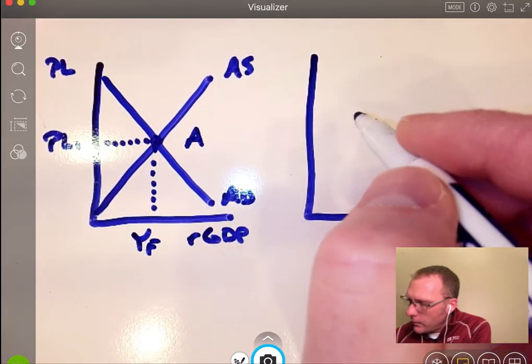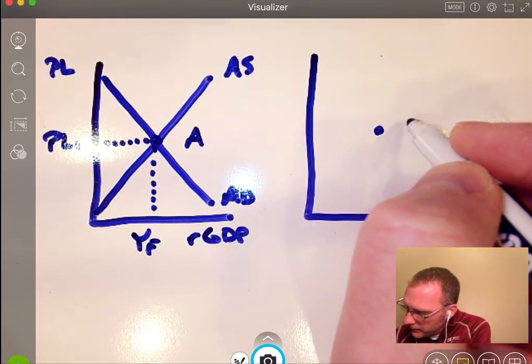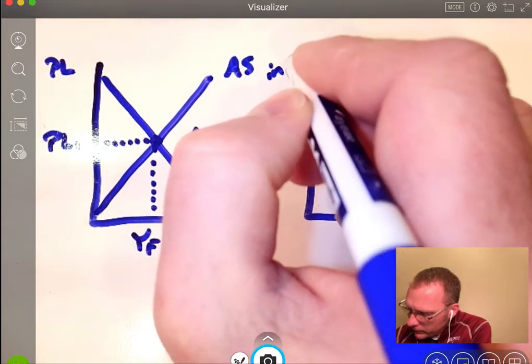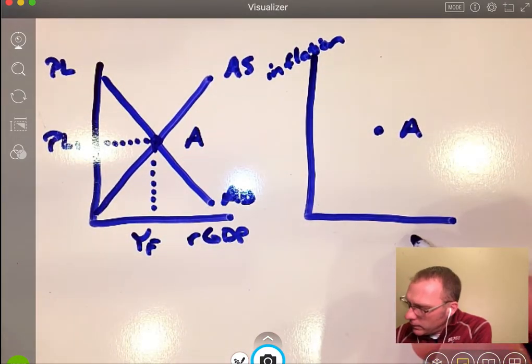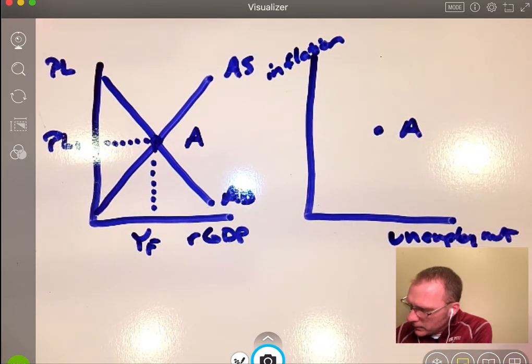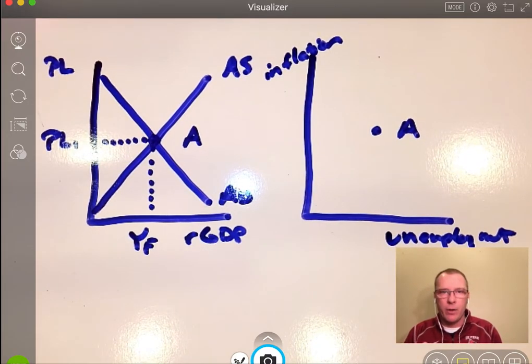Over here on my Phillips curve, I also have this point A, and that point is showing me here inflation, but it's also showing me here unemployment. All right, so I graph those two things out, and I can kind of see how that works, right?